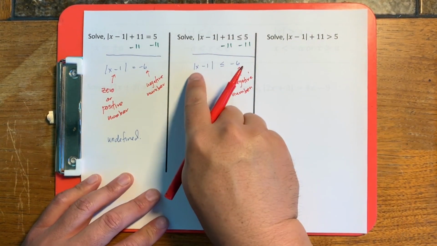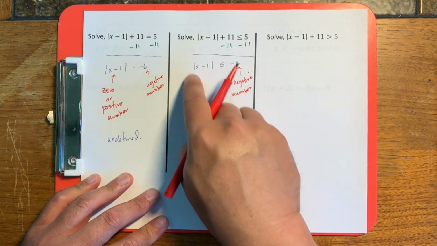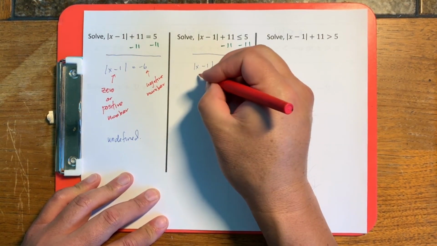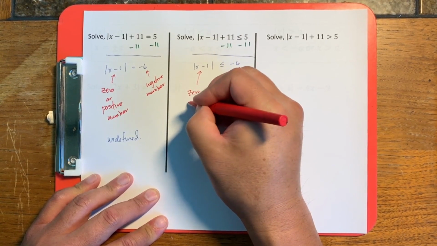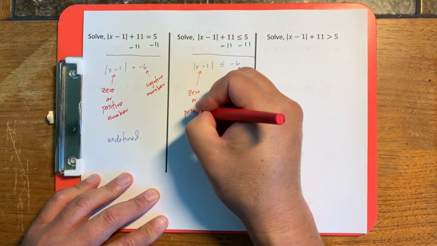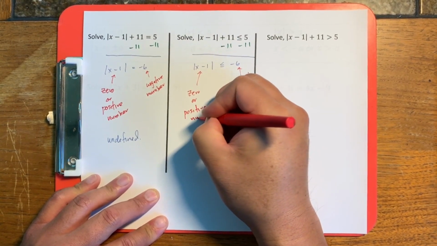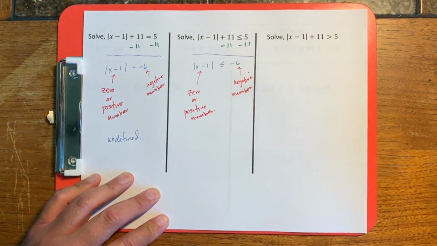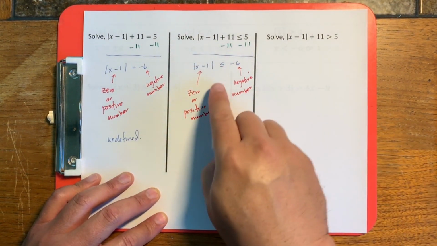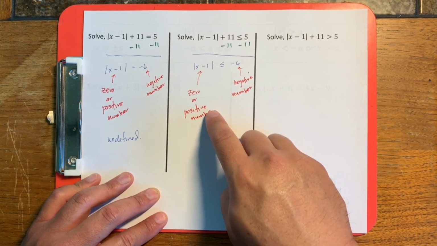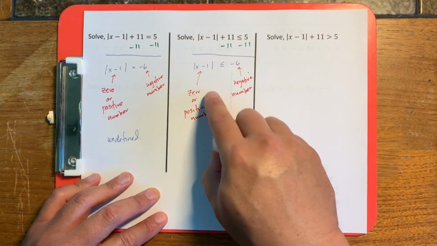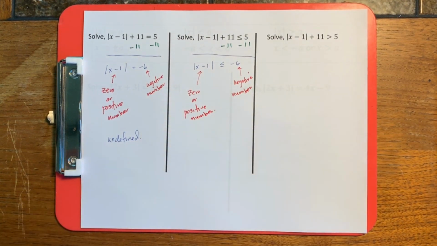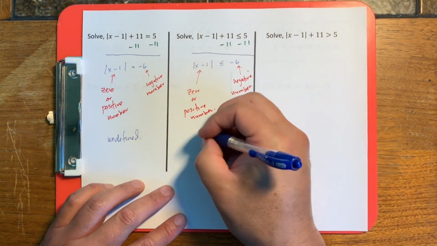So the absolute value of this, I don't know what the answer is going to be, but I do know that this has to be 0 or a positive number. So can 0 or a positive number ever be smaller than negative 6? No. 0 and positive numbers are always bigger than a negative number. So this is also undefined.